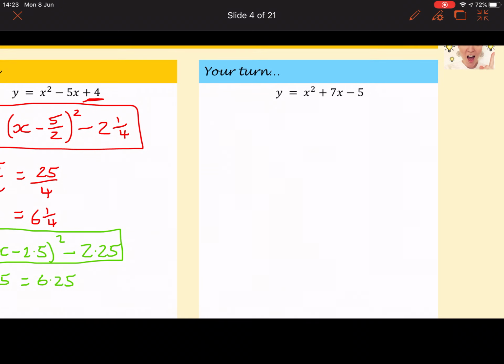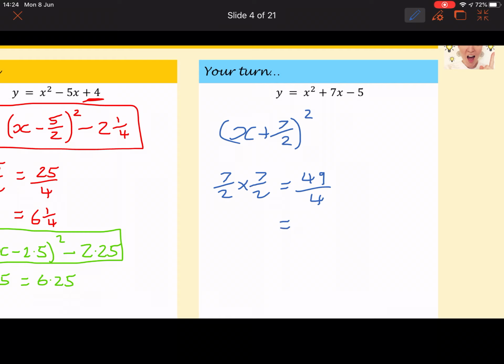All right, should we have a look at this one together? So halve the middle term and we get x plus 7 over 2 squared. Then we have to work out that 7 over 2 times 7 over 2 gives me 49 over 4. I've got to work out how to get from 49 over 4 down to minus 5.